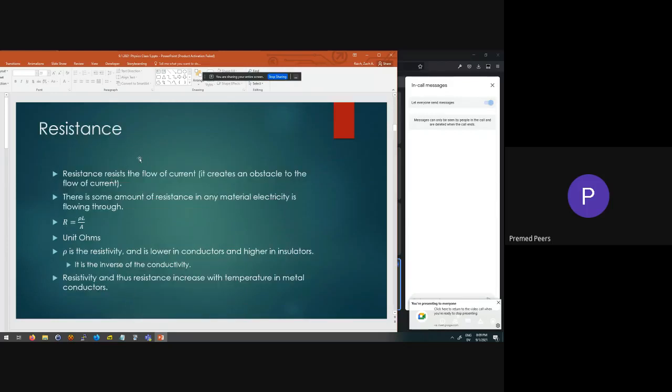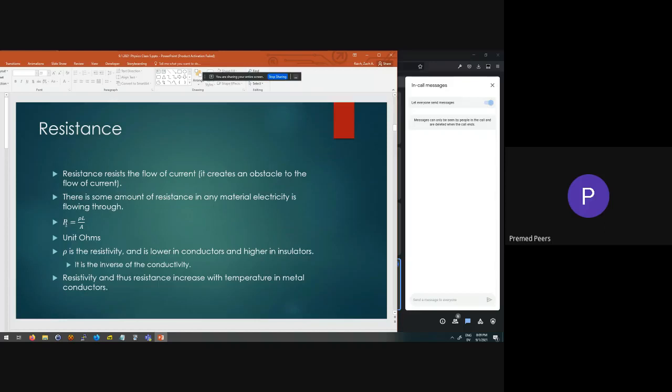Resistance resists the flow of current, or you might hear it said that resistance is the obstacle to the flow of current. Even though we think of metals and wires as being conductors, they still have some amount of resistance.